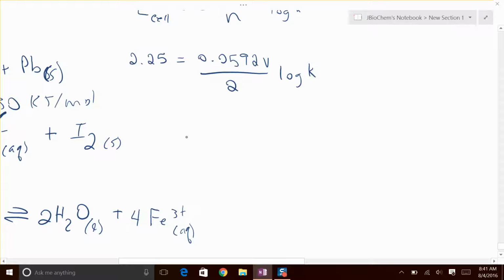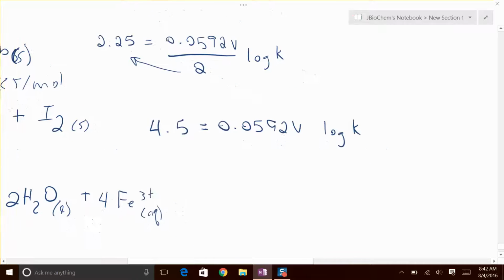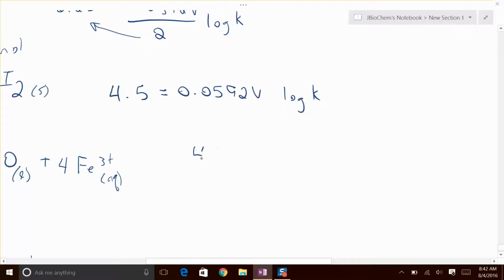What are you finding? Well, I got 4.5. I did 0.0592 divided by 2. I did it one step at a time. That's what I'm doing wrong. You've got to multiply the 2 over first, because log of k is divided by... And then I'm going to take this 4.5 and divide it by 0.0592.